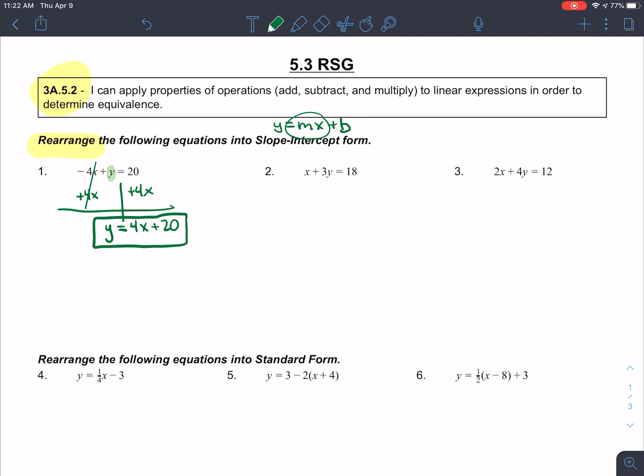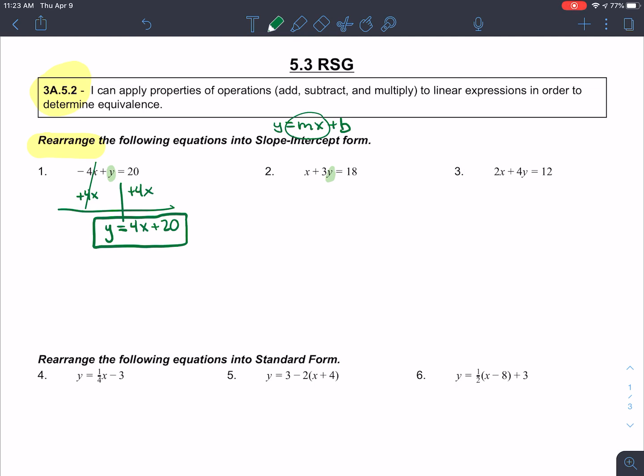Super easy. All right. Number 2, a little more challenging. Once again, when we take a look at this, y is not alone. Not only is there an x, but there's also a 3 with the y. So we got to remember the order to do this in, okay? First, we undo in the reverse order of PEMDAS.